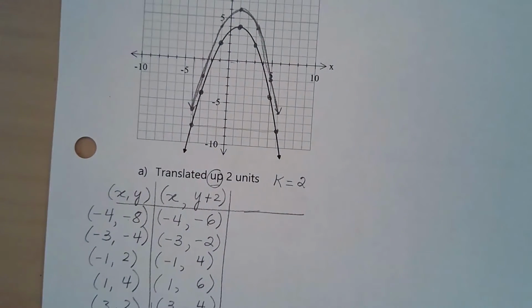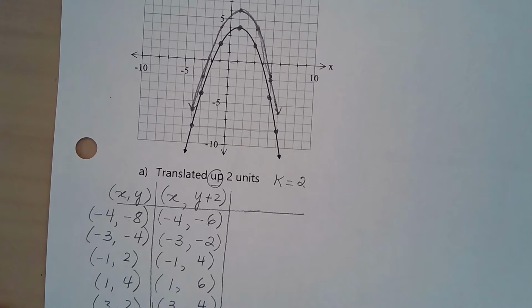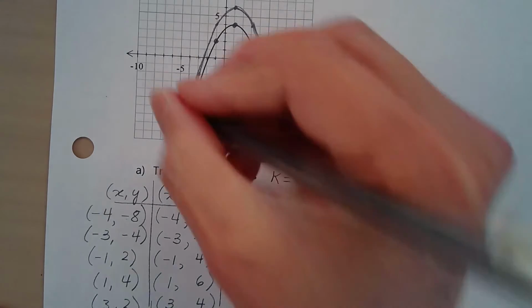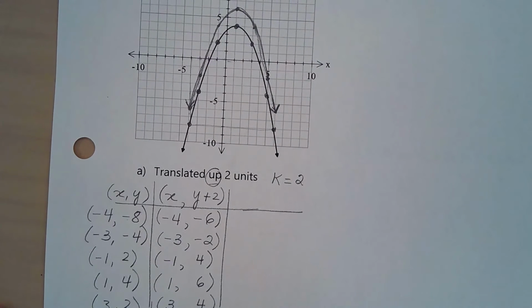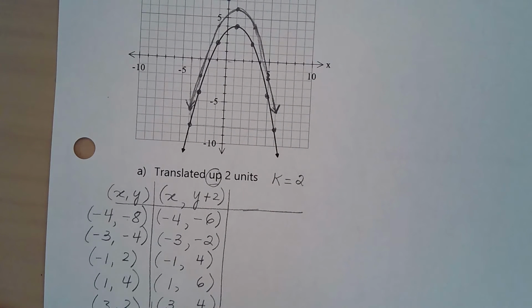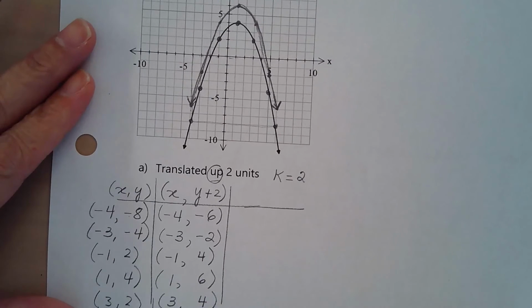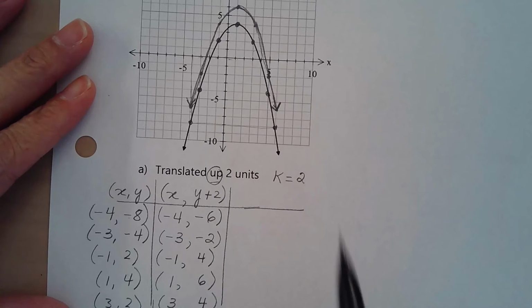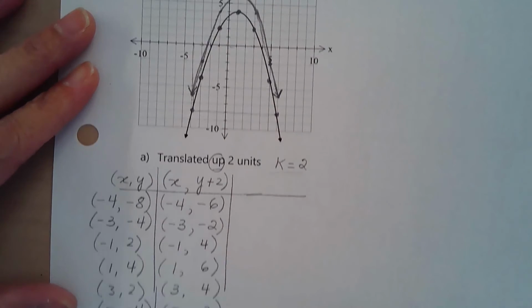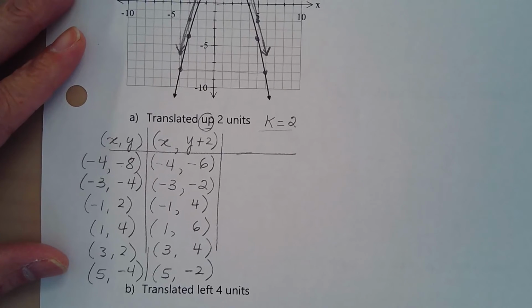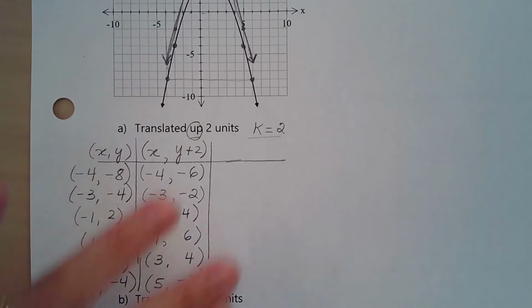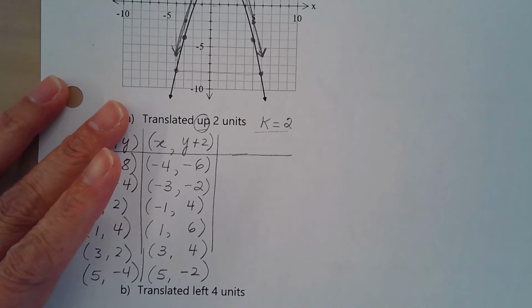It went up 2. We can put the arrow at each end. Did you get the same picture? Yeah? Okay, good. So what have we done? We created an image graph, and that image graph came from the image points.